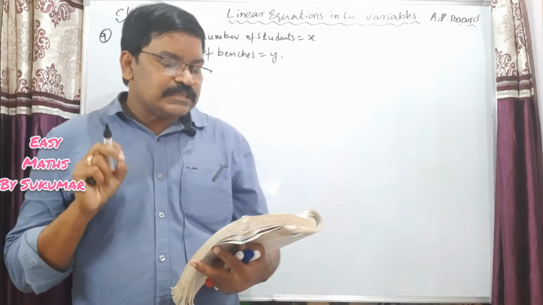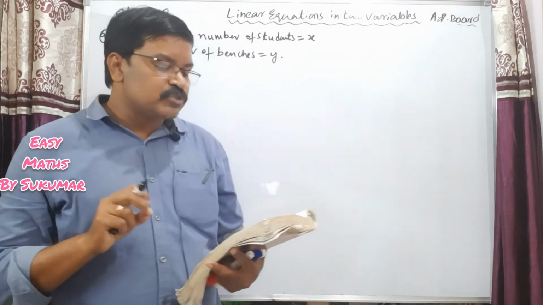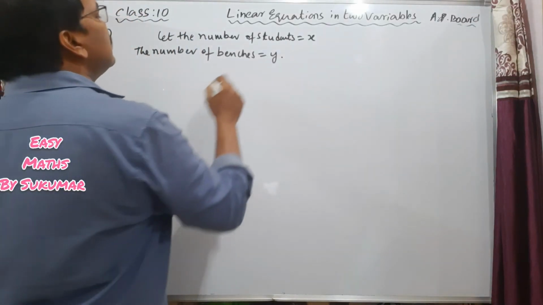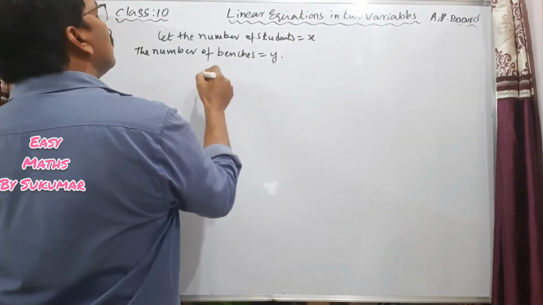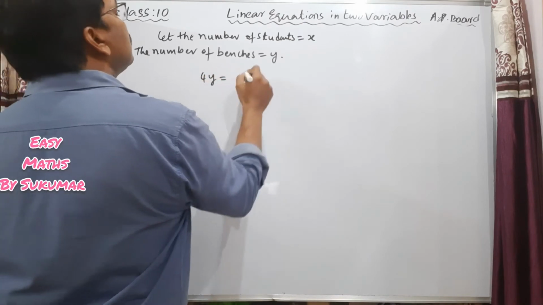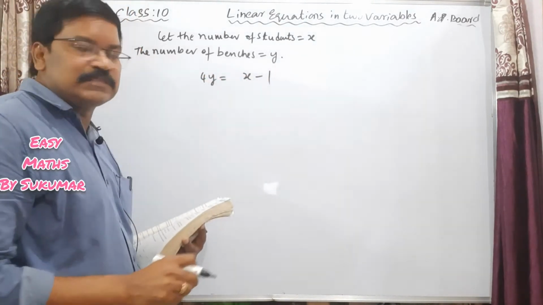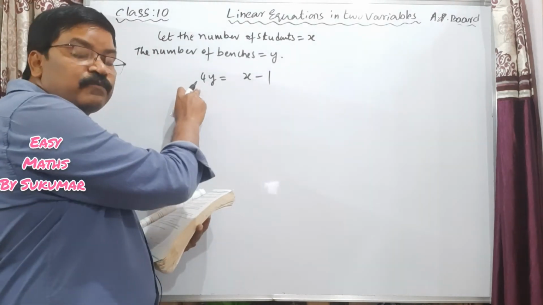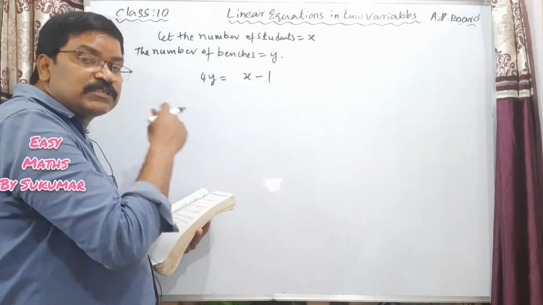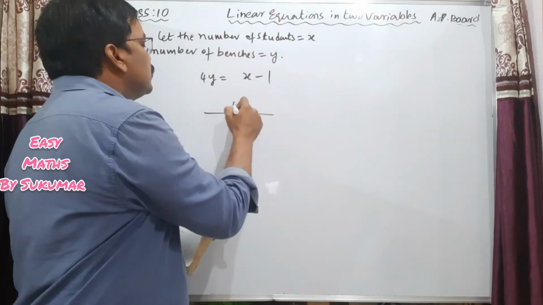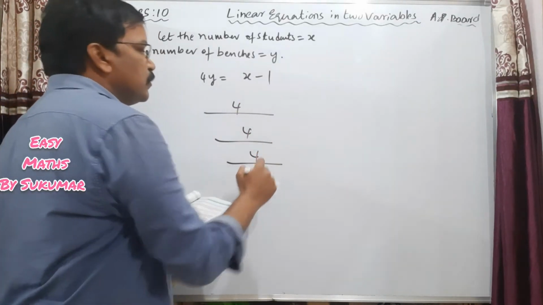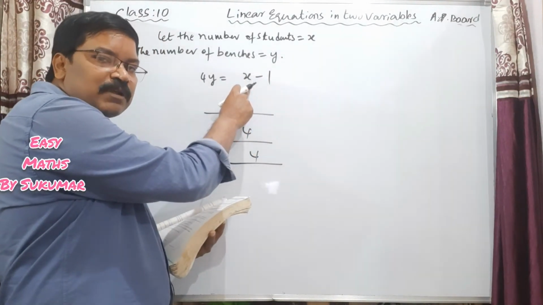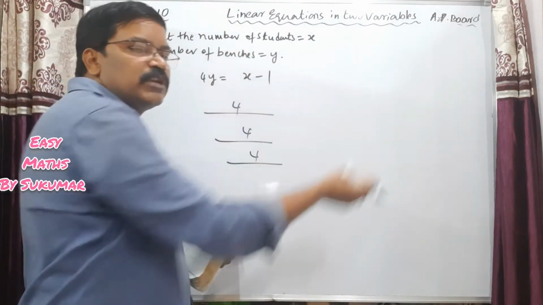See, in this statement, 4 students sit on each bench means 1 bench will be left. That means if 4 students sit on each bench, then 1 student will be left. That means x minus 1. Actually there are x number of students, in that 1 student will be left.